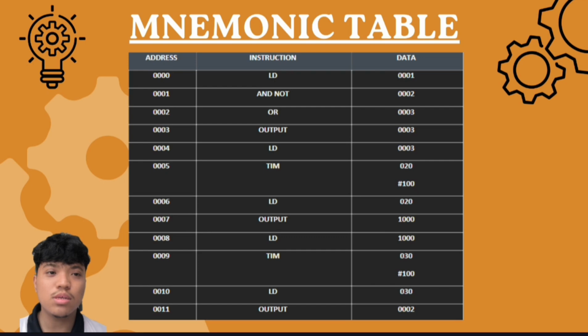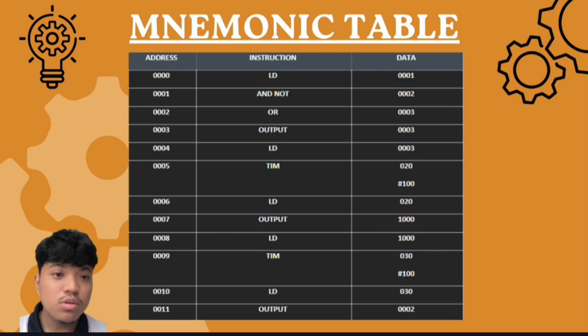So this is the numeric table. For 0000, the instruction is LD, the data is 0001. And then we have 0001, the instruction is NO, the data is 0002. And the third one is 0002, the instruction is OR, the data is 0003.